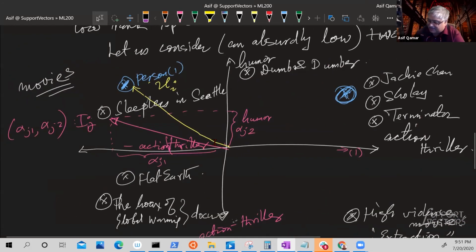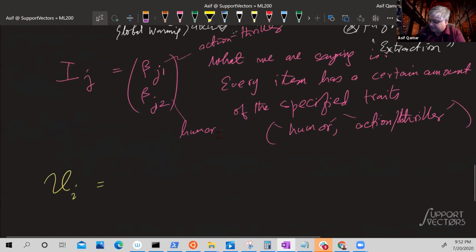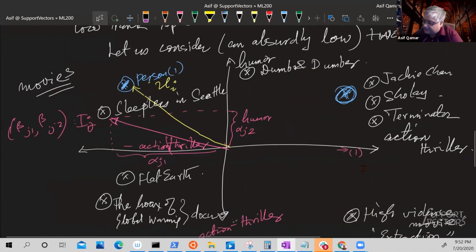So I hope my arbitrarily changing the Greek letter makes no difference. This is beta j1, beta j2, because it's more conventional that people put alpha for the user. So suppose you have alpha i1, alpha i2. This is what the user would be, isn't it? In other words, if we go back here, the user is given by user i1, user i2, the coordinates of this user, right?